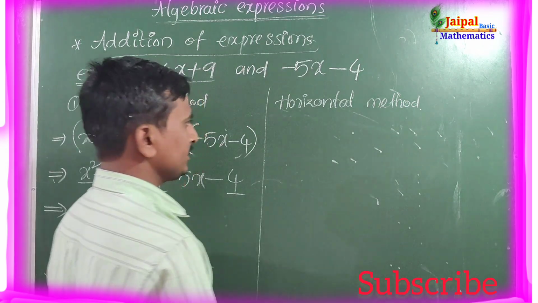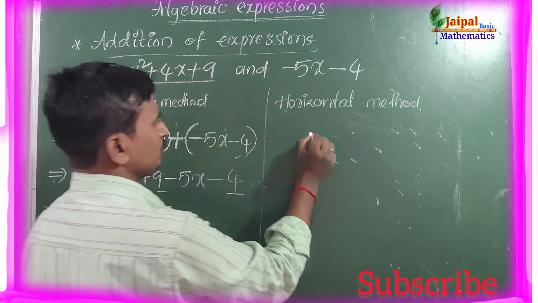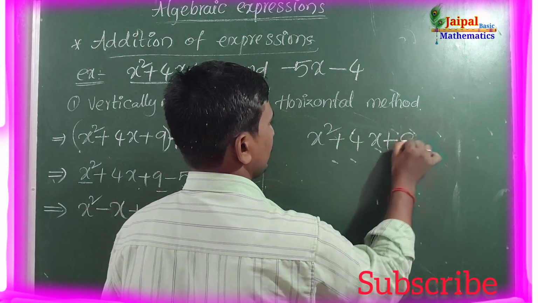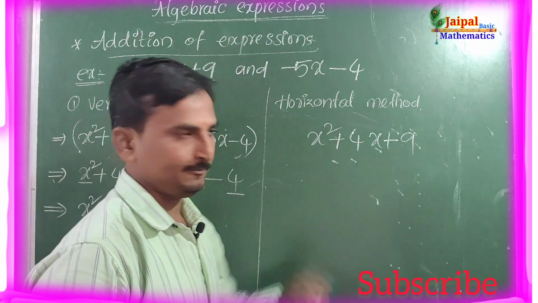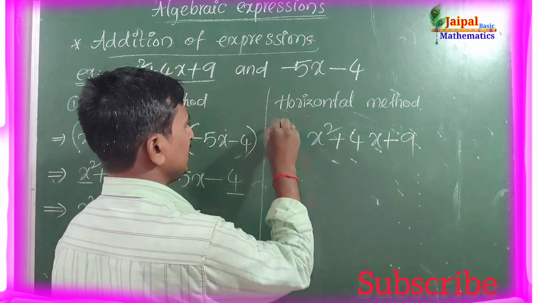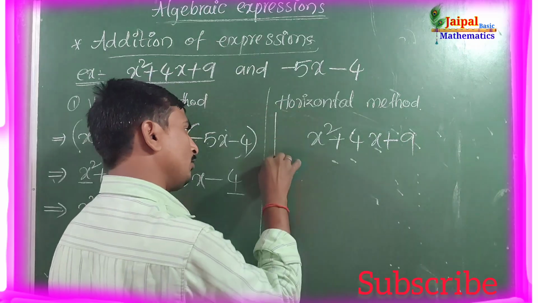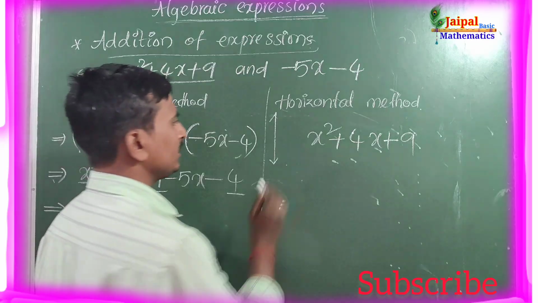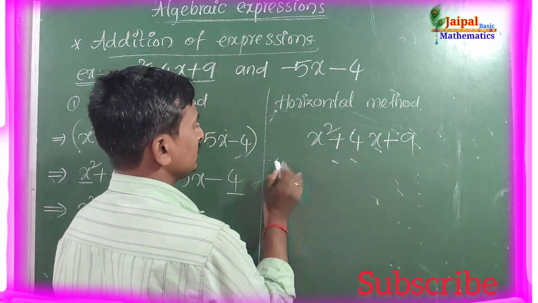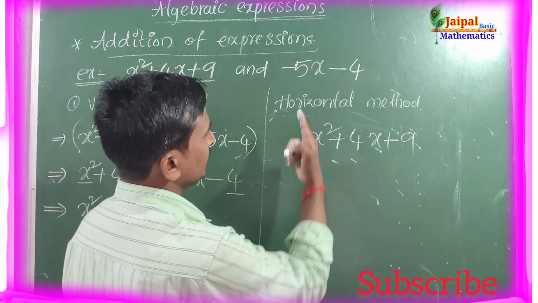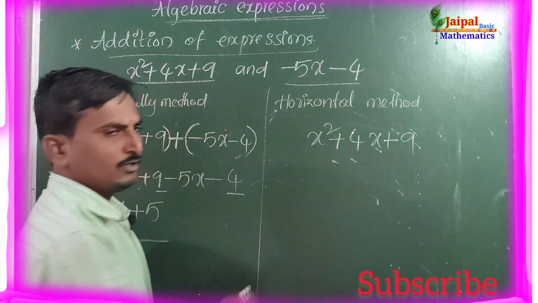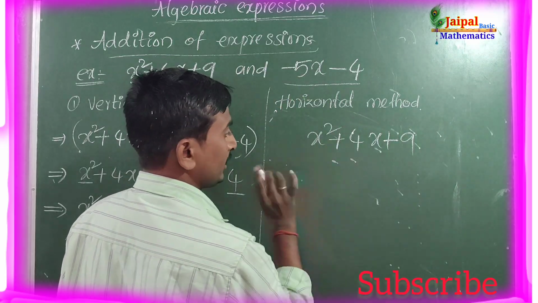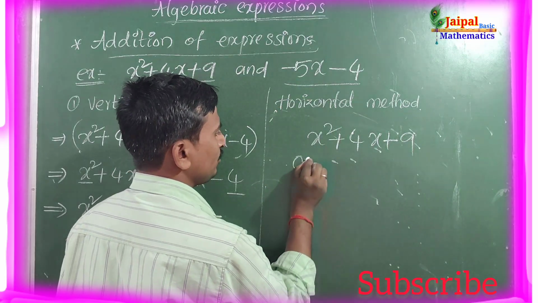If you go with the horizontal method, first write the first expression as usual: x square plus 4x plus 9. Vertical means we write from up to down, top to bottom. Here I wrote the top, now the next expression goes at the bottom. The like terms, the same terms, you write at the bottom only. Here minus 5x is there, but the x square term is not given, so we can write 0 into x square.